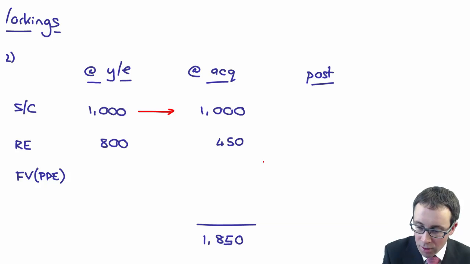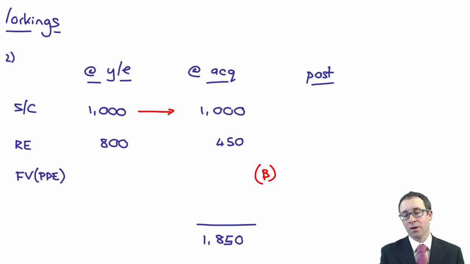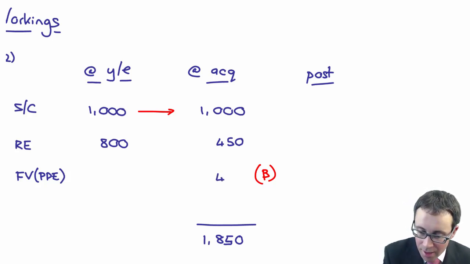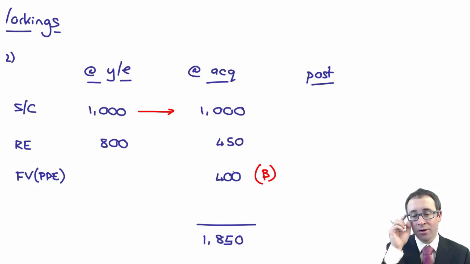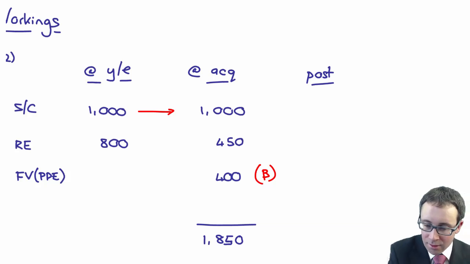So we're going to have to put in a balancing figure to make it balance. So 1,000 plus 450 is 1,450. Does that then mean that the fair value adjustment at acquisition must be 400? Okay, everyone happy with that? Yeah, it's just a balancing figure. It's the difference between the book value of 1,000 plus 450 and the fair value at 1850. What then happens is that the acquisition fair value, we're not told that that's changed, so we assume that therefore that will be the same at 400.